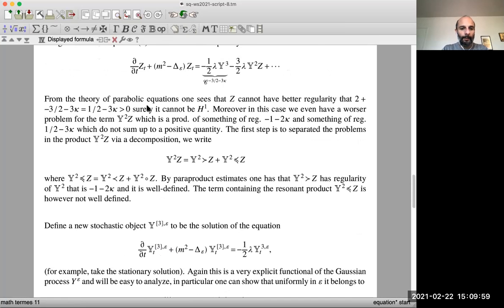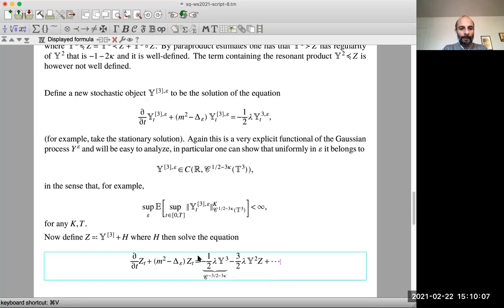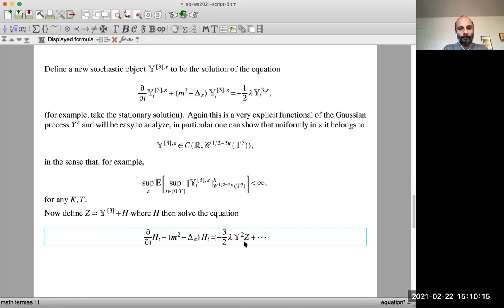Well, you go back and you have some equation like this. I don't write all the terms, but essentially it looks like this. For H, it will be the new unknown. You are just doing a change of variable because you want to get rid of this. And now here there is z, but z is this sum actually. And there will be a paraproduct.